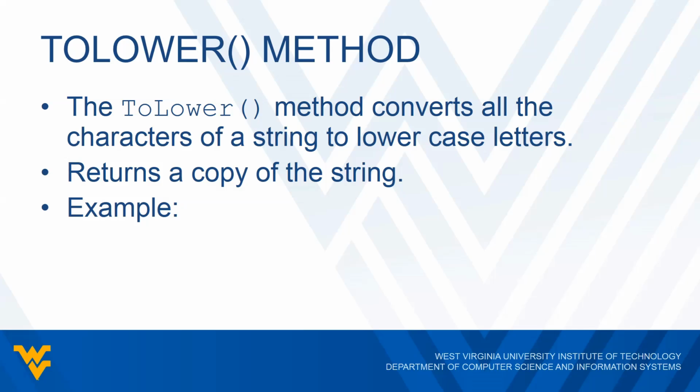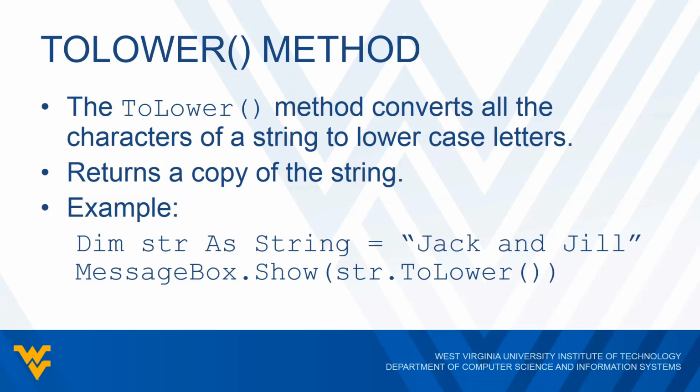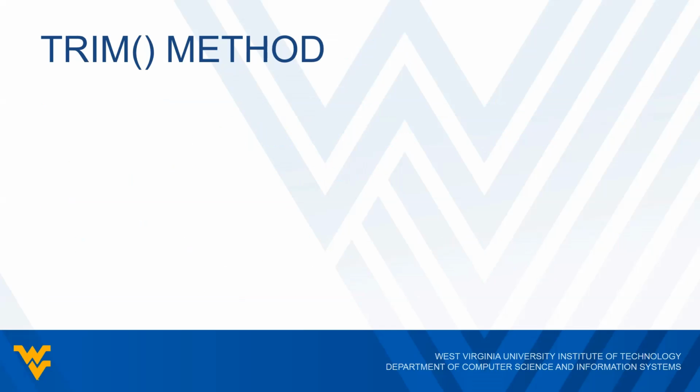So we can use our same example from before, where we have Jack and Jill as our string. If we were to call toLower, which we're doing here in the message box show method, we would find that both J's now become lowercase. So it is going to display jack and jill. Every single character in here is lowercase. And if the character does not have an uppercase version, it just stays as it is.